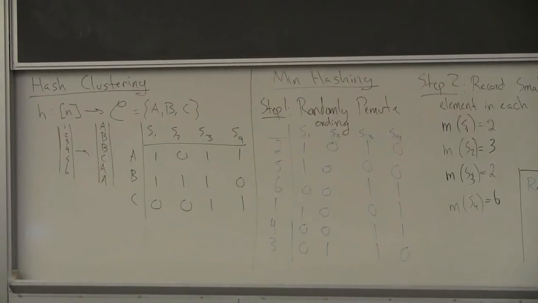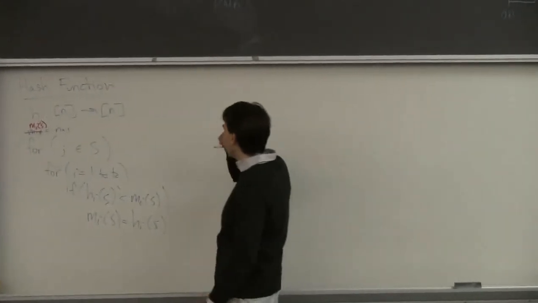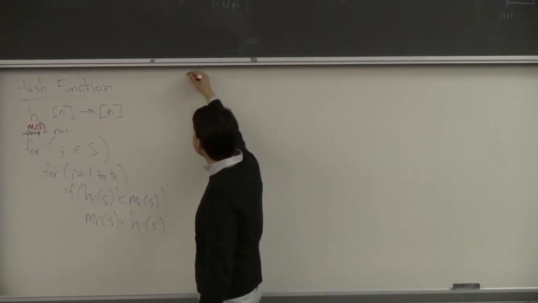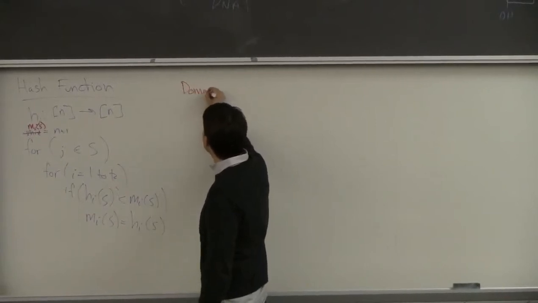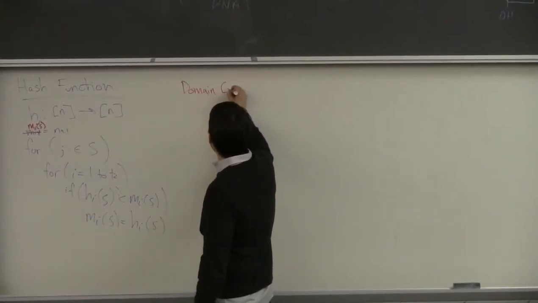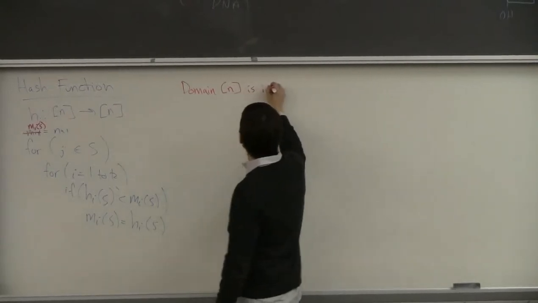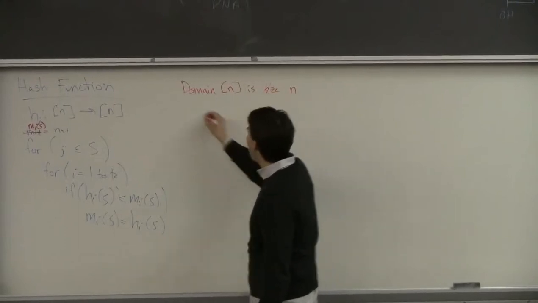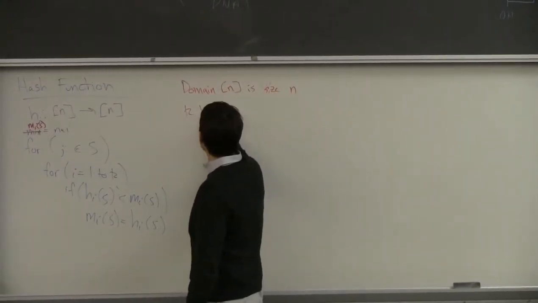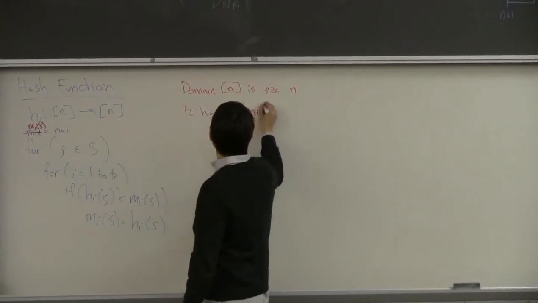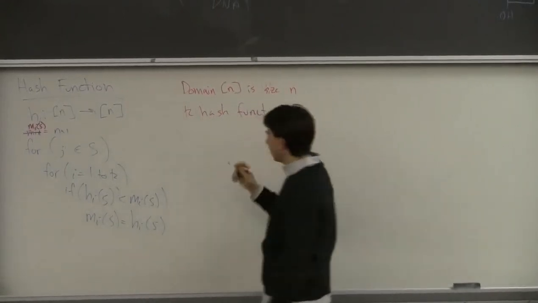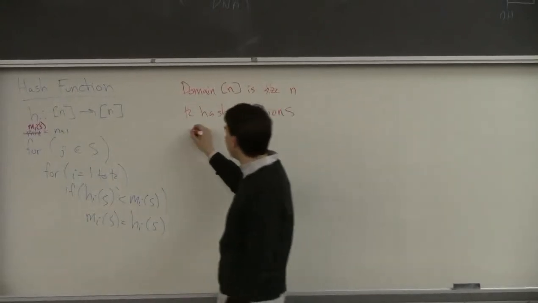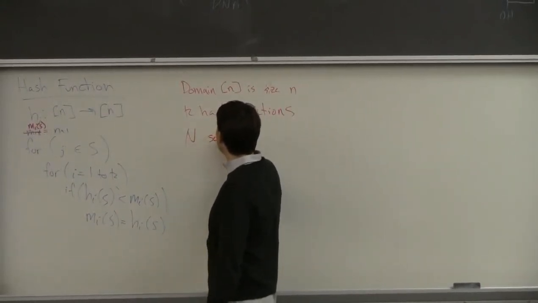Okay, all right, so let's see how fast this algorithm works. Let's say that my domain is of size n. I'm going to use k hash functions, and I'm going to have n sets.